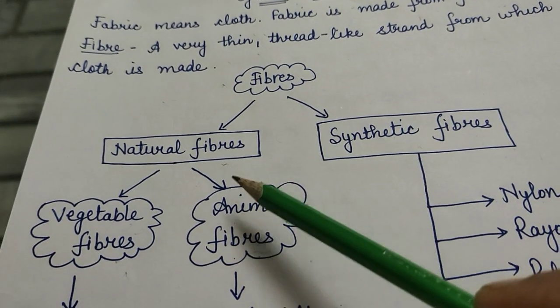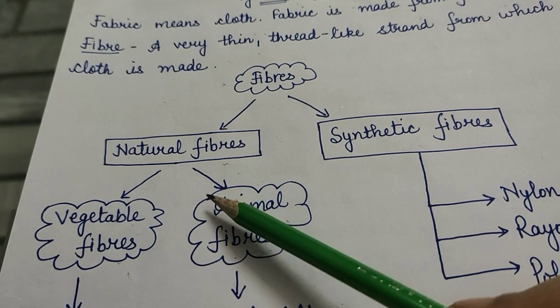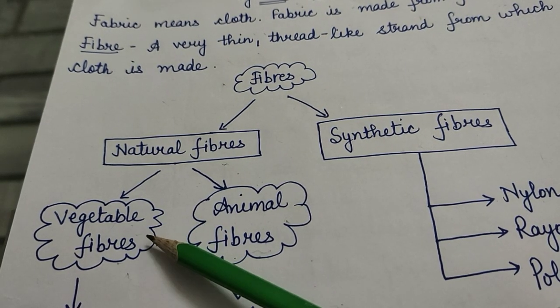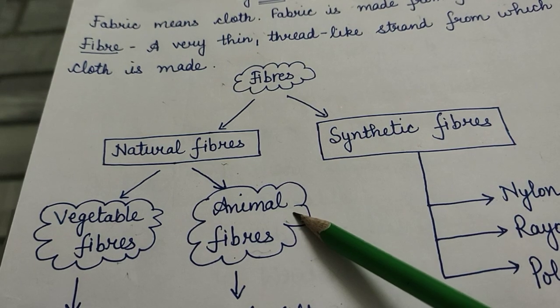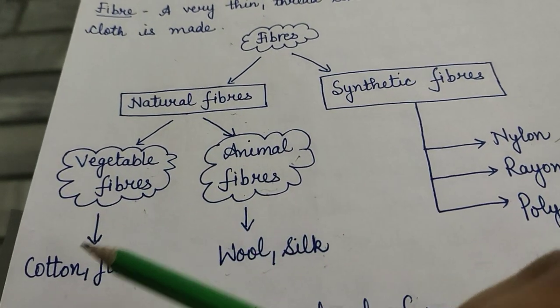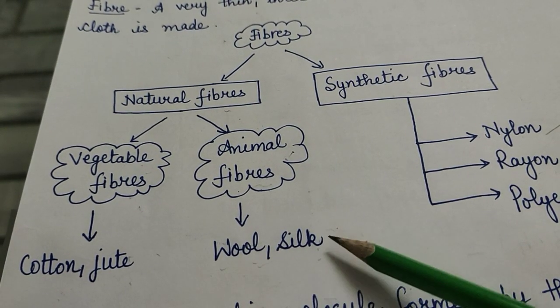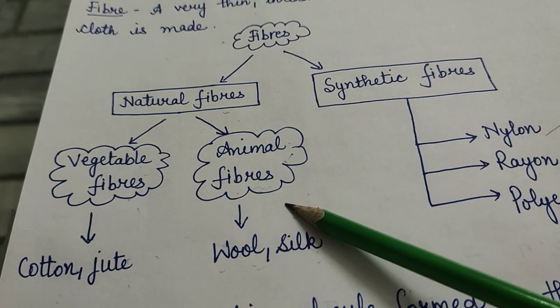Natural fibers are those fibers that we obtain from nature, that means from plants as well as animals, both. So vegetable fibers, for example cotton and jute, and wool and silk are the examples of animal fibers.